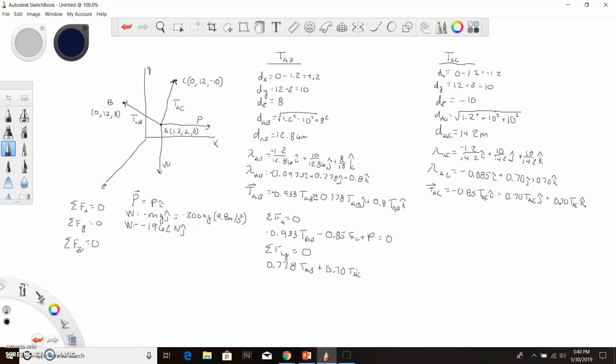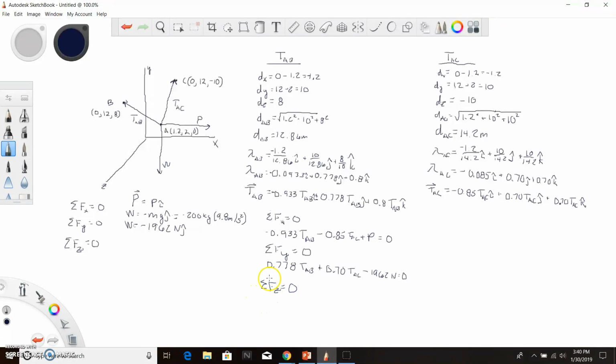P doesn't have a y component, but I do have a minus 1,962 newtons from the weight. One more for the z direction: the sum of the forces in the z direction has to equal 0.